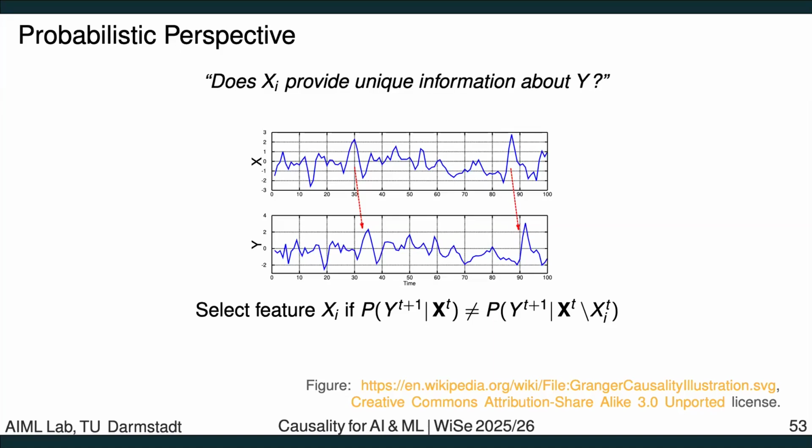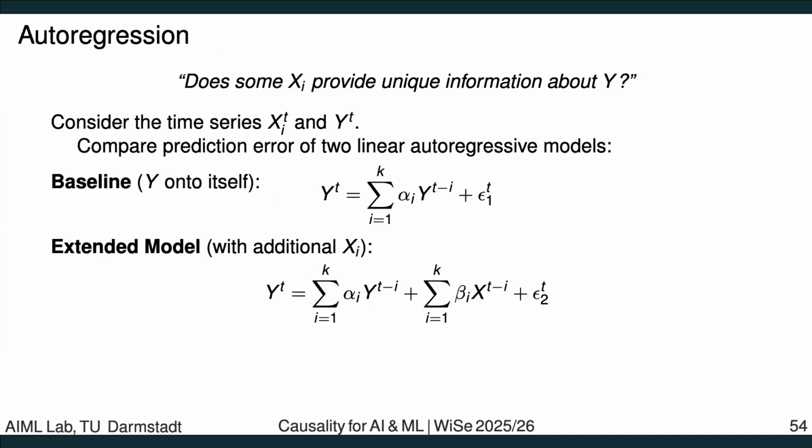If that's not the case, then Xi plays some role in the prediction of Y, and I say it's a Granger cause. Then simple auto-regression: you do two auto-regressions, one of Y onto itself as the baseline, fit some alphas, infer some noise, which is basically the prediction error. And then we do the same thing again.